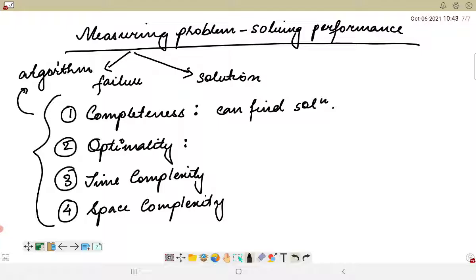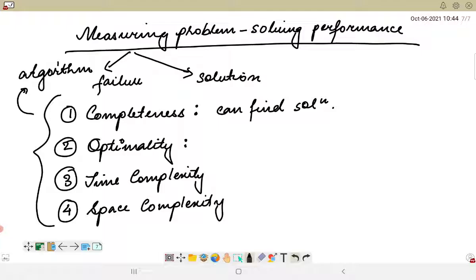Talking about the optimal solution, we have to understand that optimality can be in terms of anything. It can be in terms of time, it can be in terms of various costs, so the step cost as well as the other costs. Basically, if we are talking about optimality in algorithms, it is the lowest path cost among all solutions.